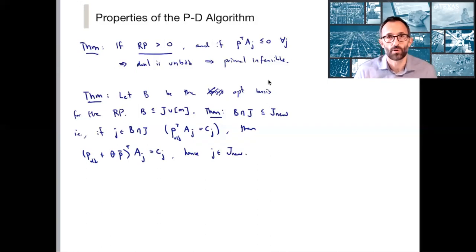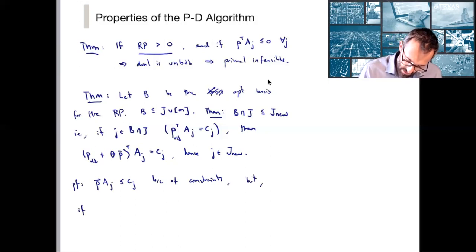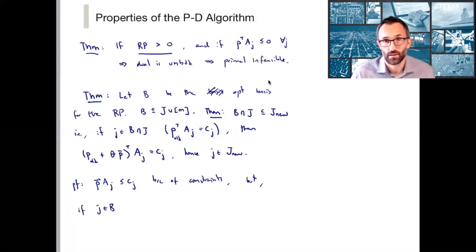Again, we can just use properties of DRP to see this. We know that P bar transpose AJ is less than or equal to CJ because of the constraints by design of DRP. But if J is in B, well, now we need to use this part. What do we know if J is in B?